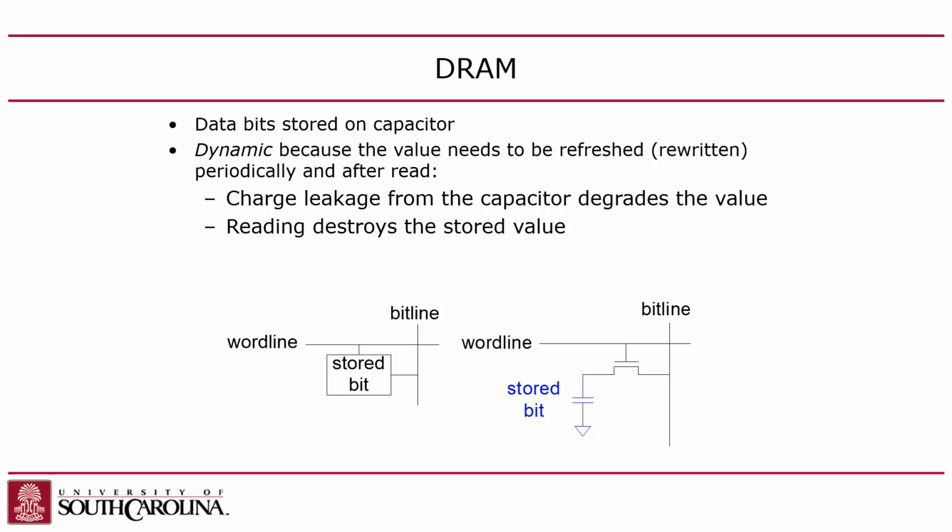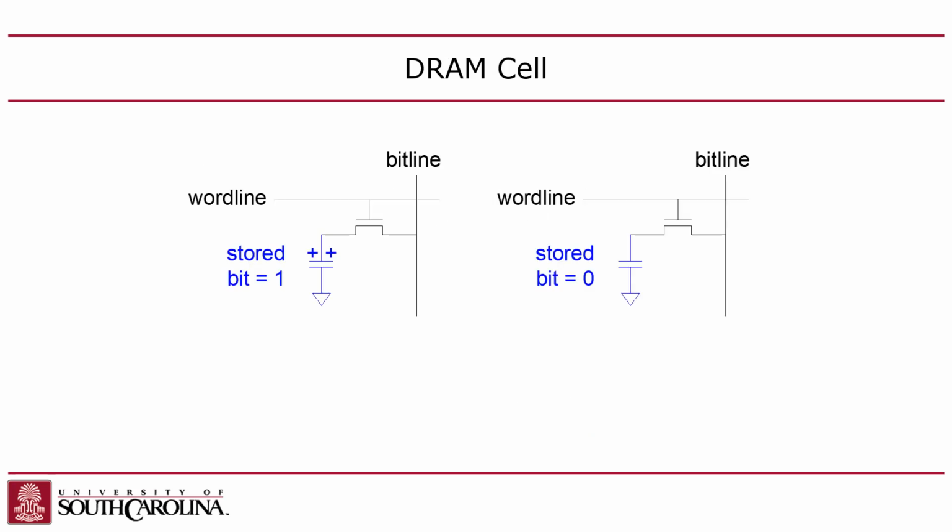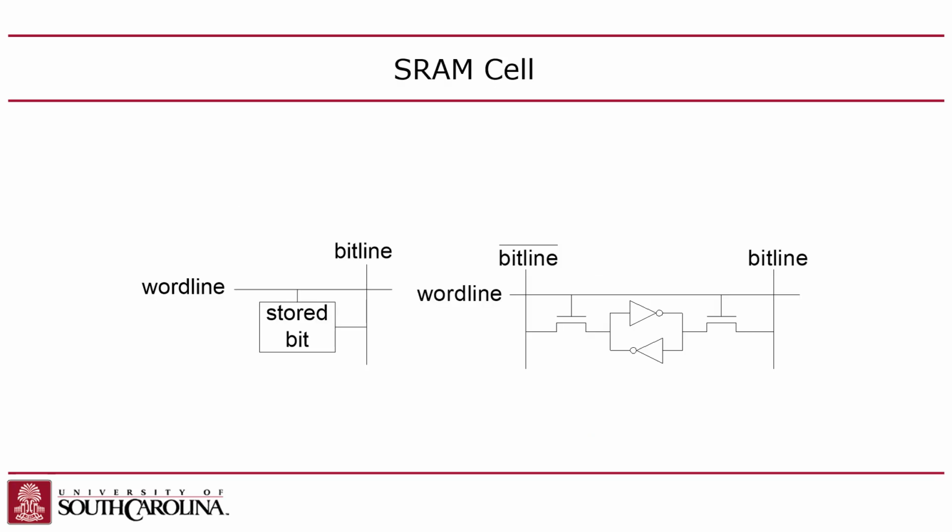Now, that capacitor is always discharging, so you have to periodically refresh it even if you don't want to write it. In SRAM, there is no capacitor, because in a CMOS technology your whole goal is to minimize capacitance.